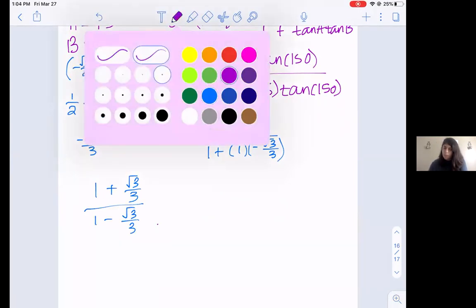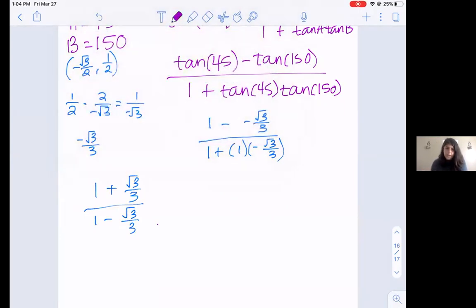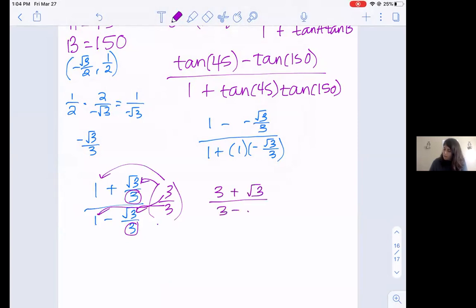Like we were doing with simplifying and verifying trig identities, I want to get rid of these fractions within fractions. So I'm going to multiply the whole thing by 3 over 3, and that'll cancel my denominators. When I distribute the 3, I get 3 plus radical 3 over 3 minus radical 3.